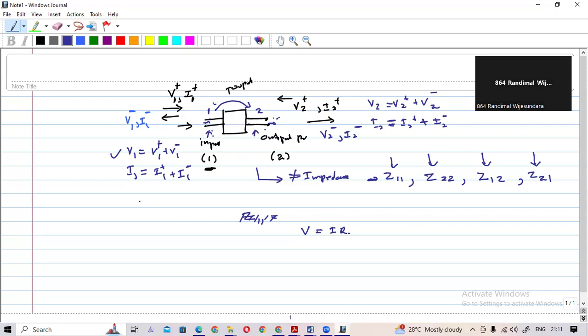So input voltage is V1, output voltage is V2, input current is I1, output current is I2. So you get the port 1 voltage value and port 1 current value.